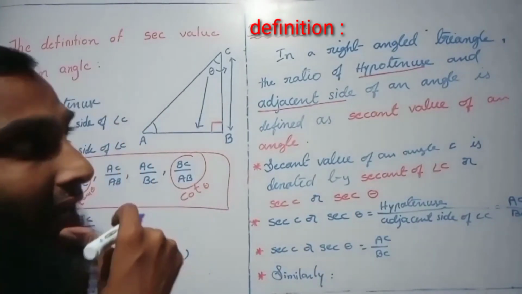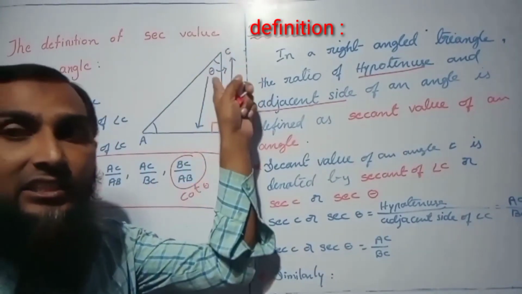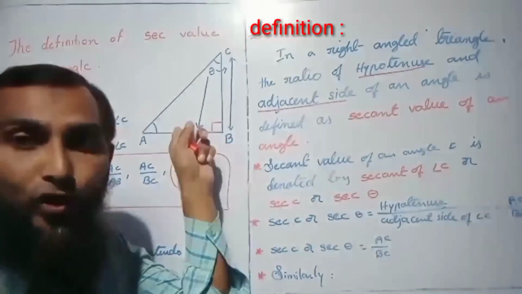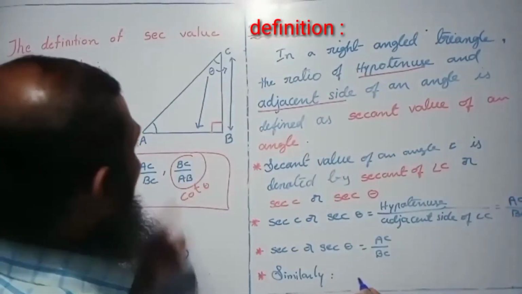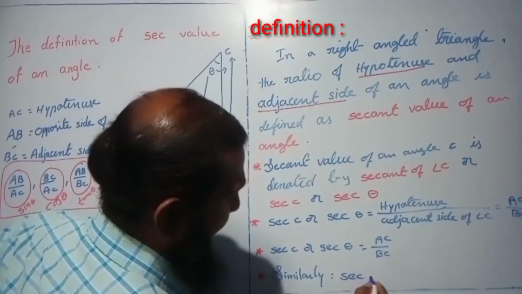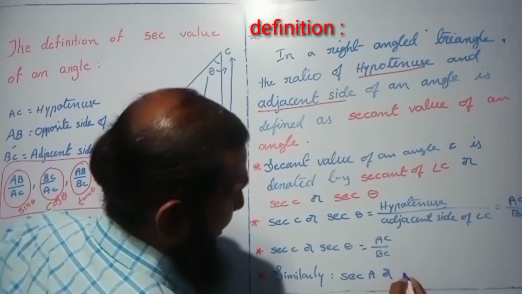Here I have taken C as theta. If you want to take A as theta, how can you write it? Secant A or secant theta.